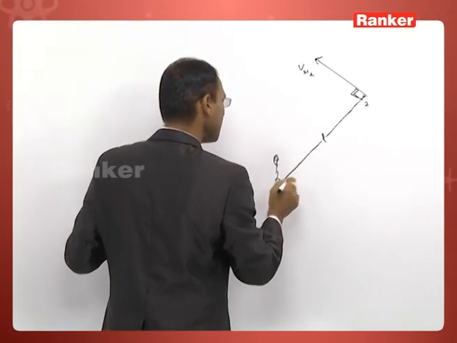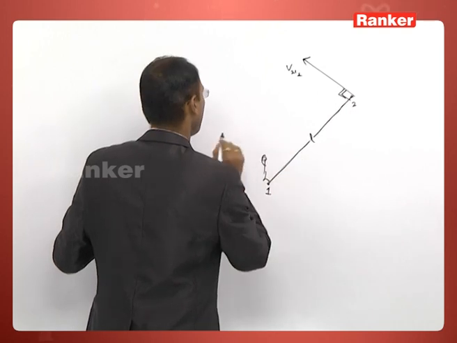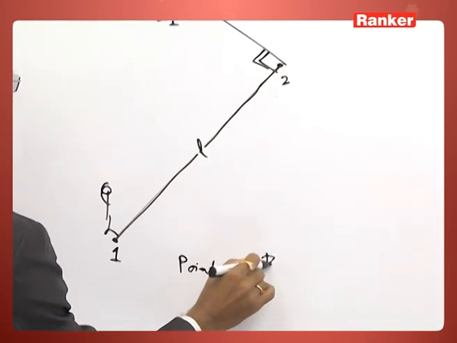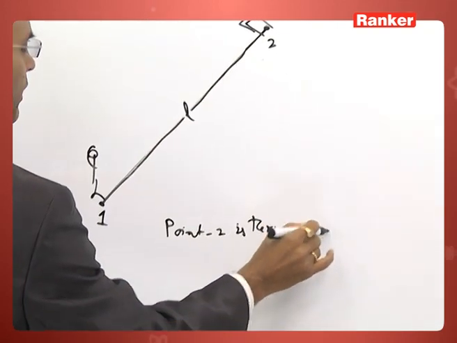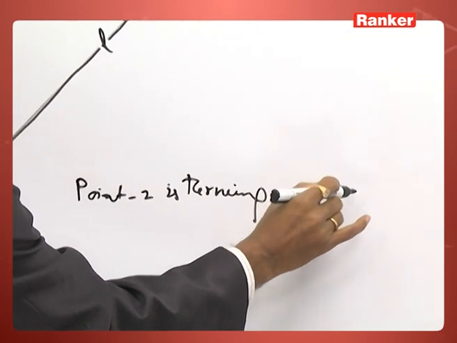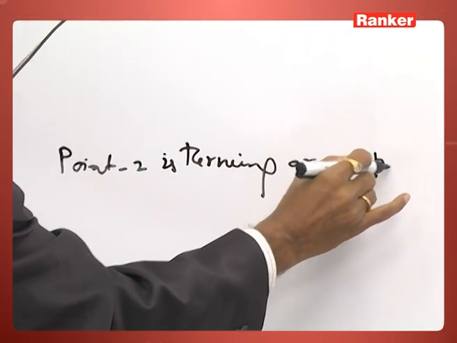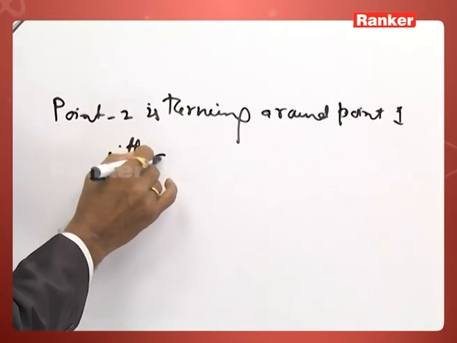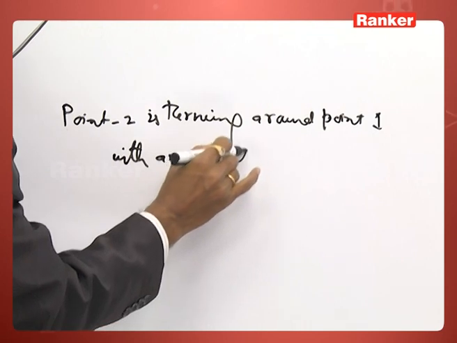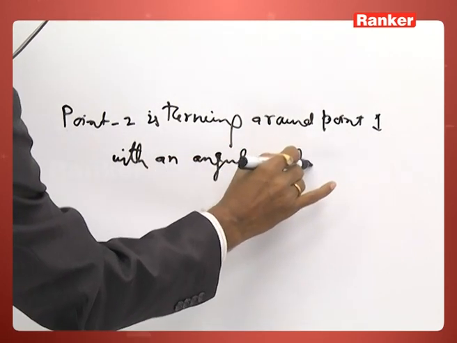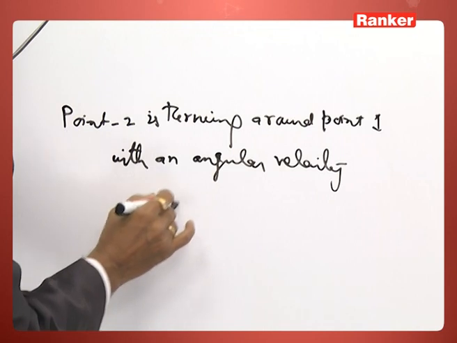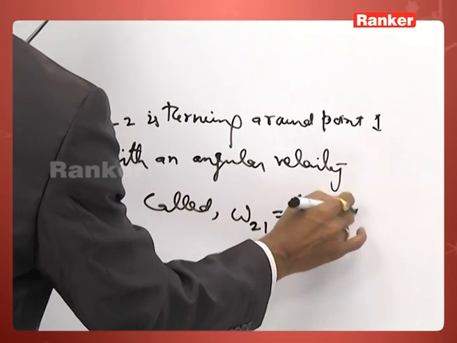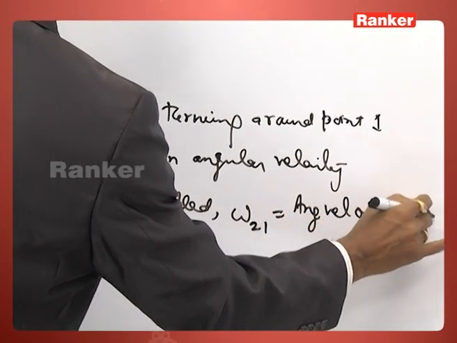So, point 2 is turning around point 1 with an angular velocity called angular velocity of 2 with respect to 1.